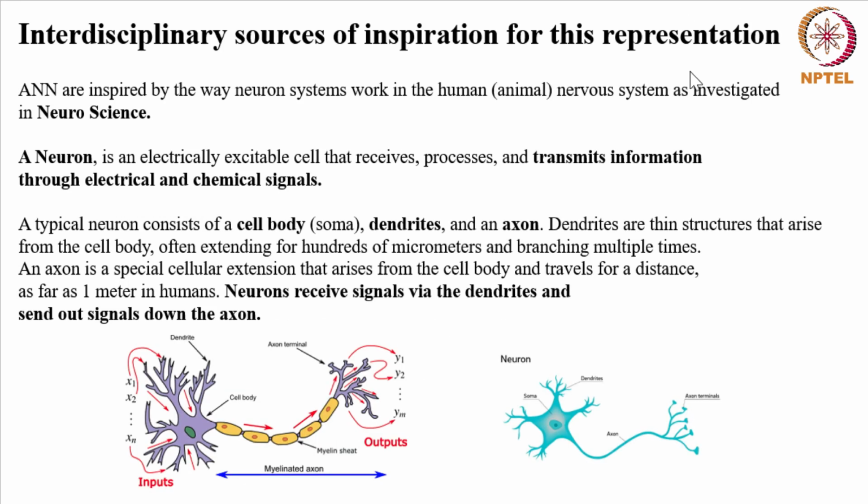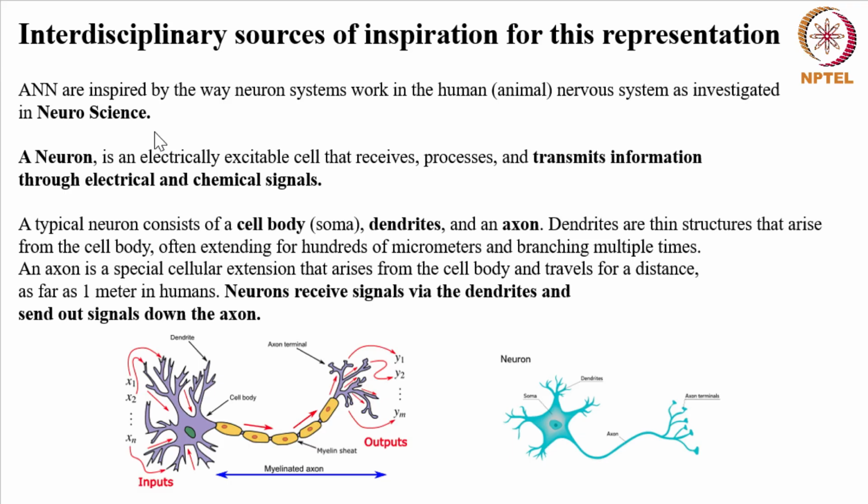Of course, the inspiration for this computational model that was outlined in the last slide is neuroscience. By the way, we believe neural systems work like this in humans, in animals, and so on.